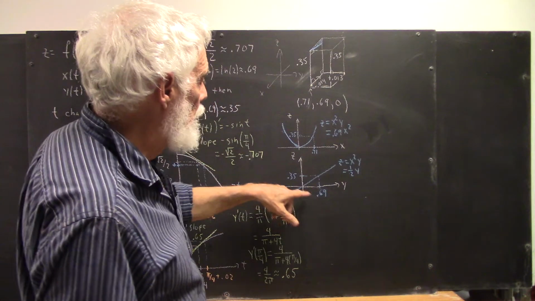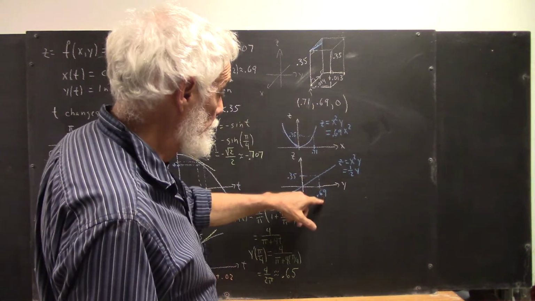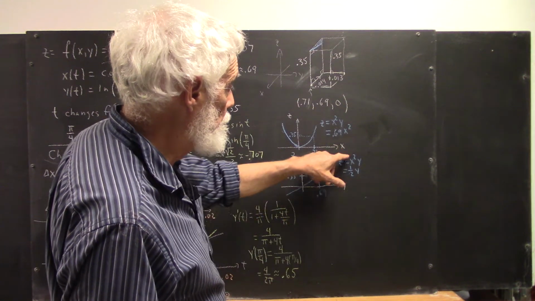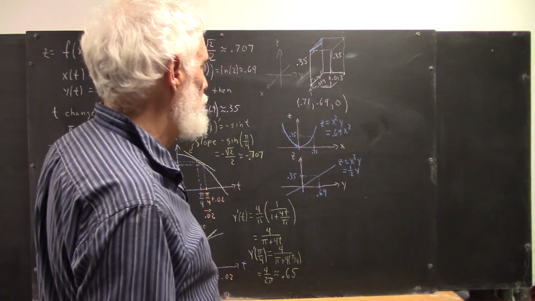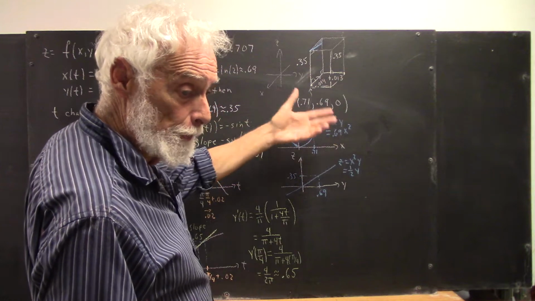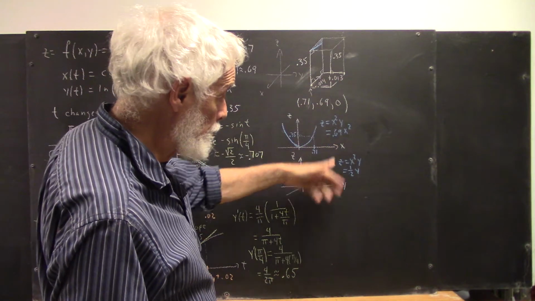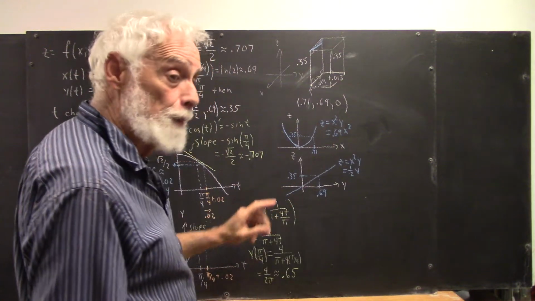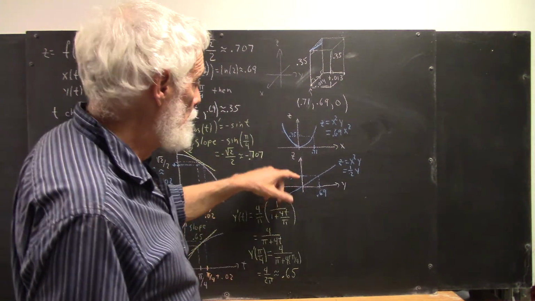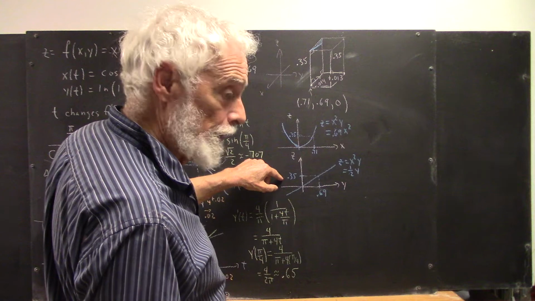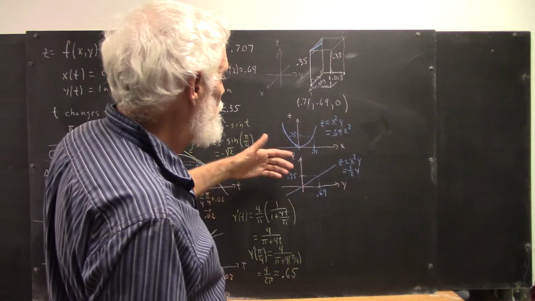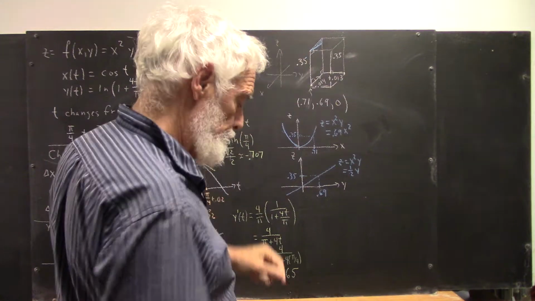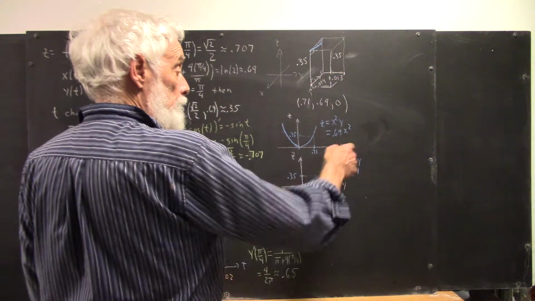And here, the y coordinate is 0.69, and if we do x squared times y, x is 0.71 representing the square root of 2 over 2. The square is going to be 1/2, so we're going to get 1/2 y. Half of this is about 0.35. So either way we get the same value, which is a good thing because these two curves meet at this point. Now, this curve has a positive slope.